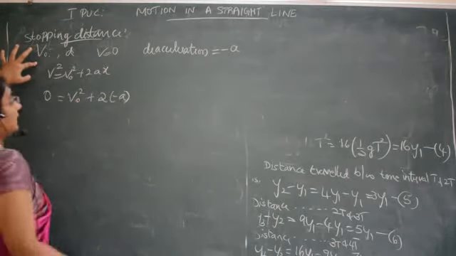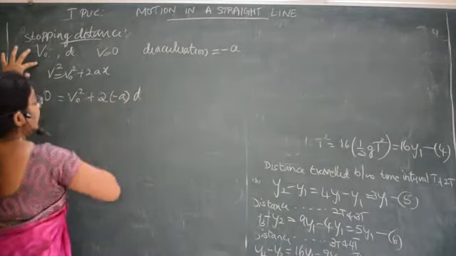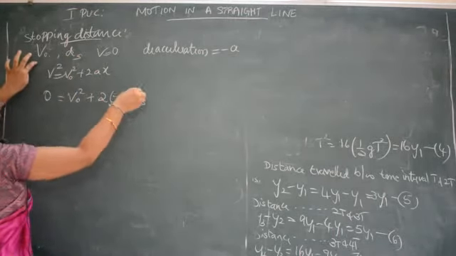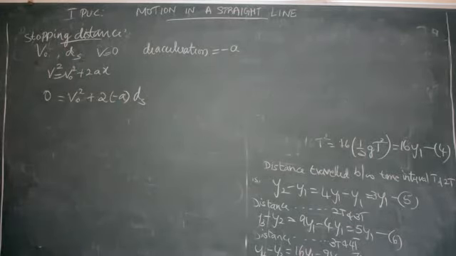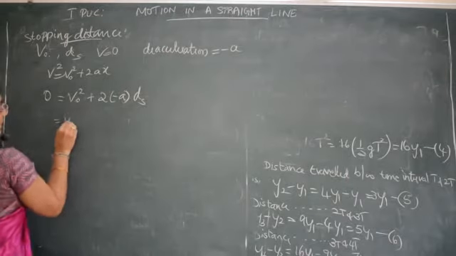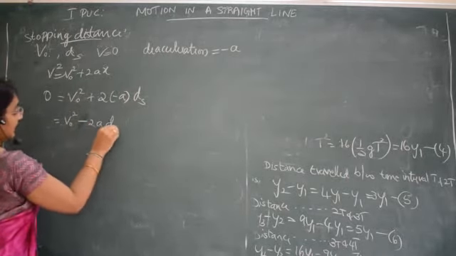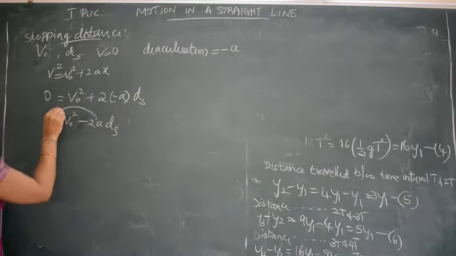After applying the brake, the distance travelled is d. Shall I write it as ds? For our reference, let us write the stopping distance as ds. We get v naught square minus 2a ds equals 0.